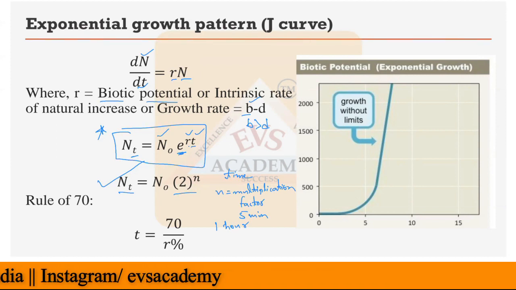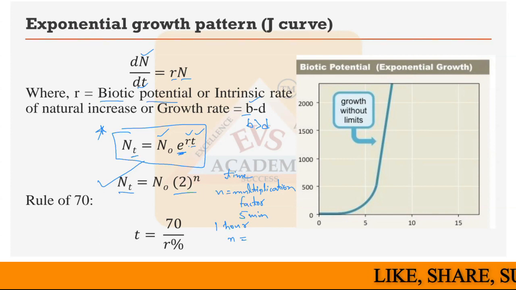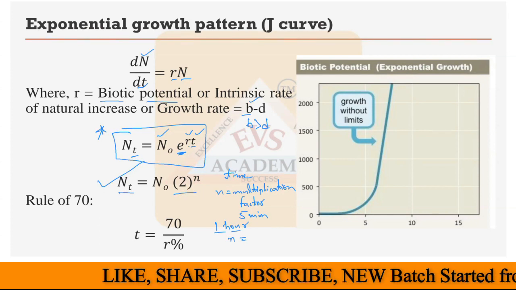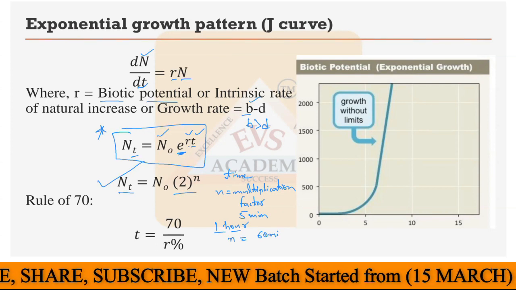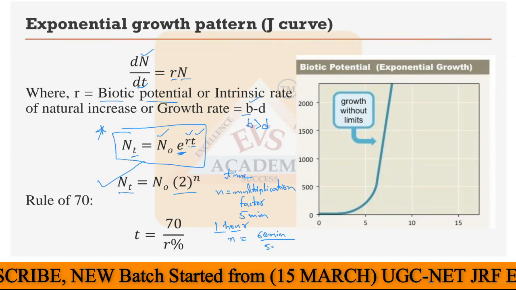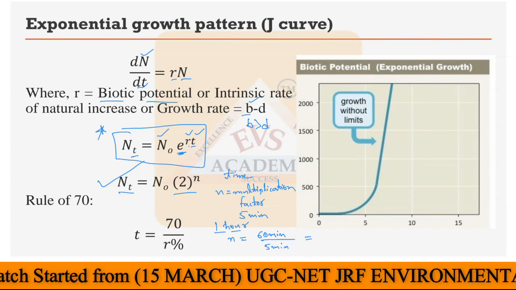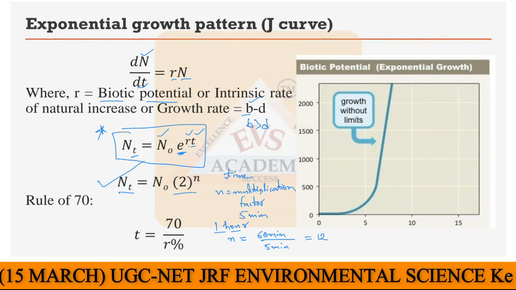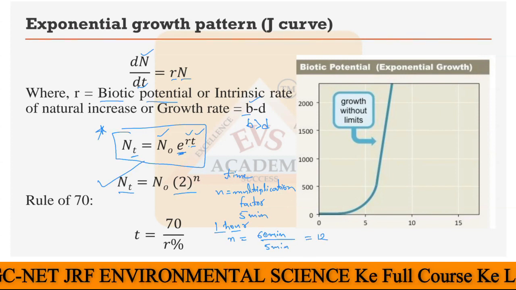So how to calculate n? You can calculate n by dividing these two numbers, the larger number divided by the smaller number. The larger number here is 1 hour, so that would be 60 minutes divided by 5 minutes. So n is equal to 12 here. So you have to place 12 here in the place of n.